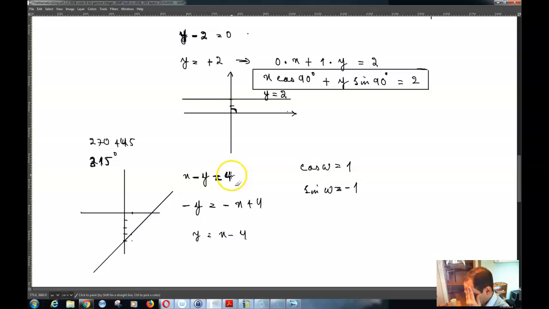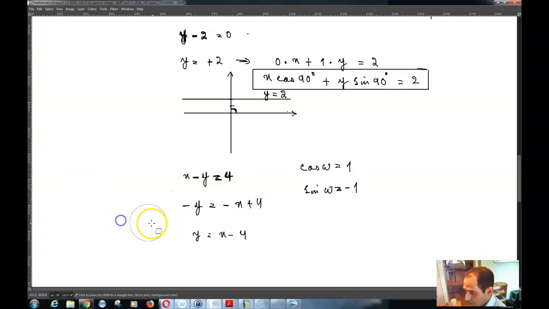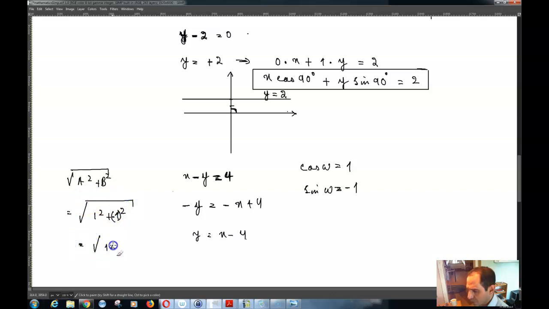So I suppose if I calculate the square root of a squared plus b squared here, that would be the square root of 1 squared plus negative 1 whole squared, and that would be equal to the square root of 1 plus 1, which is equal to the square root of 2.